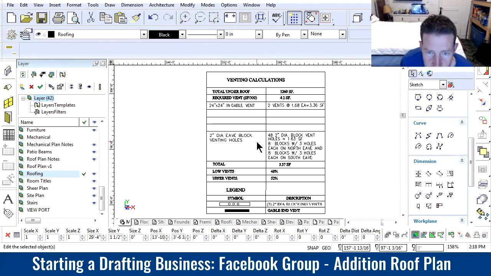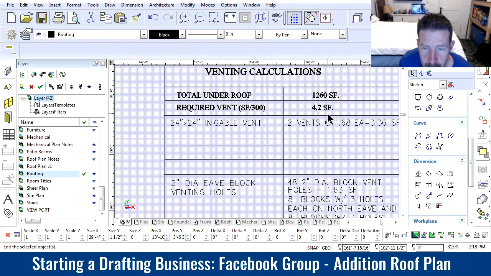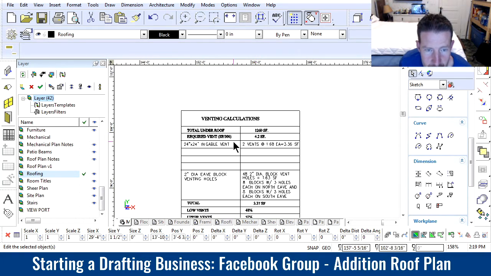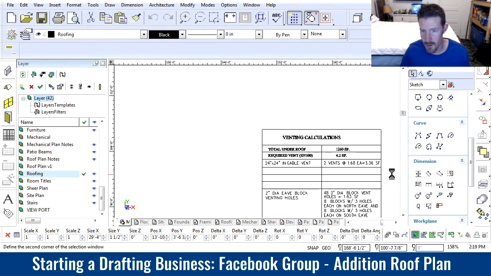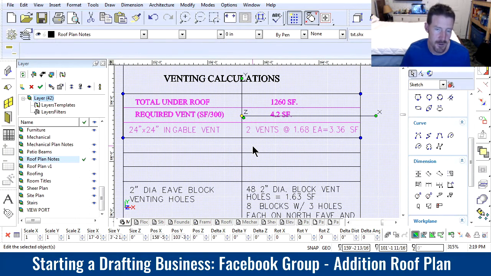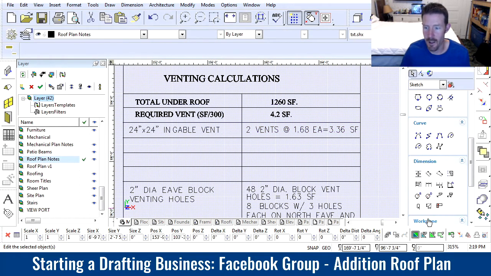Okay, now back to this venting chart here. This is total under roof, right? So now we're going to put, copy this stuff. Except I don't want the lines. Let's try just doing half at a time.